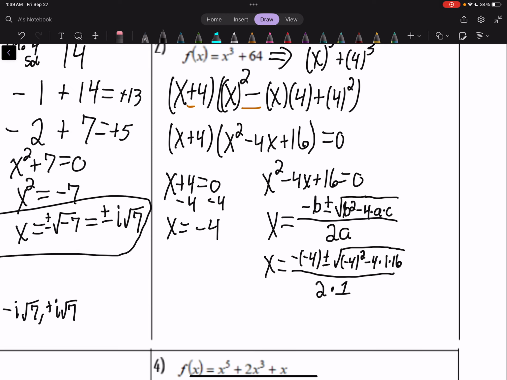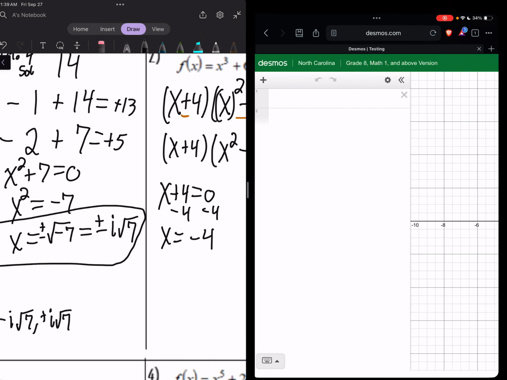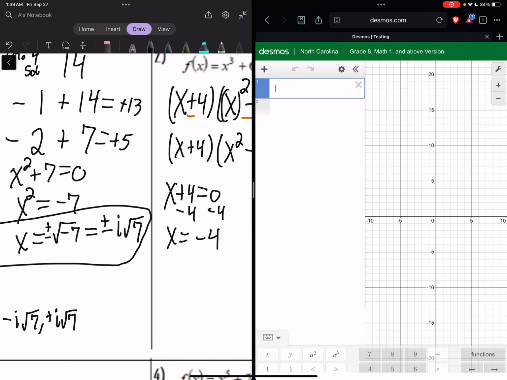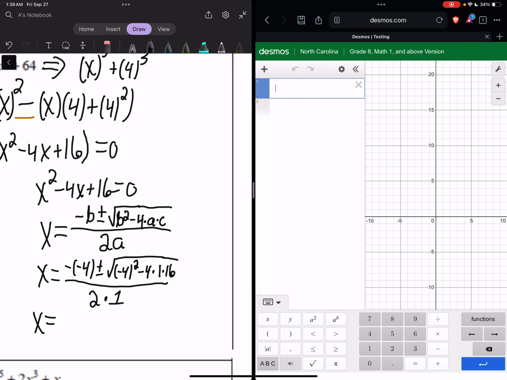Now I believe this is a good time to show you how to use Desmos. So that's what I'm going to do. Alright. Negative 4. I'm going to start with the plus portion. Square root.